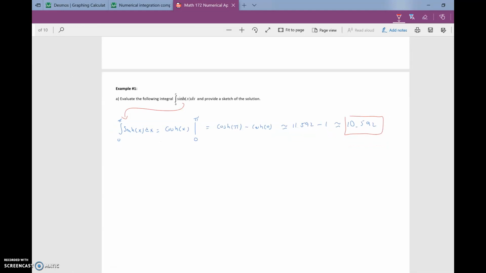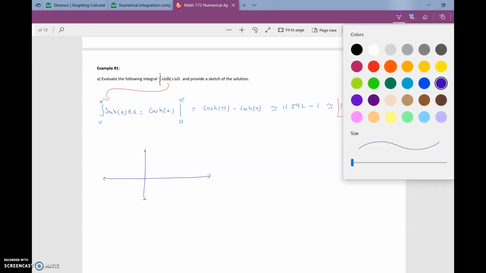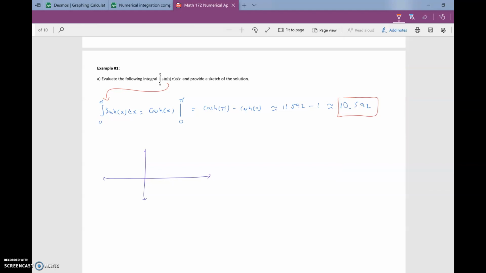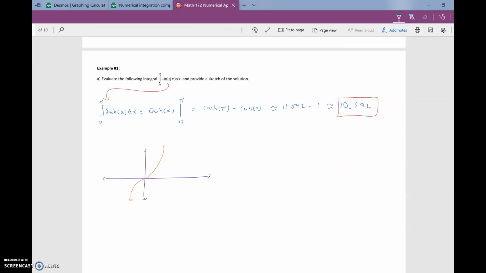Okay, now they want us to provide a sketch of the function that we're evaluating, and we already graphed the sinh function a while ago. I'll just provide a sketch, and it doesn't have to be an exact sketch of the function, but this one looks like it was a tangent. So it's going to look like this, obviously not to scale, but I'm just going to say that's 0, and technically this is the value of pi.